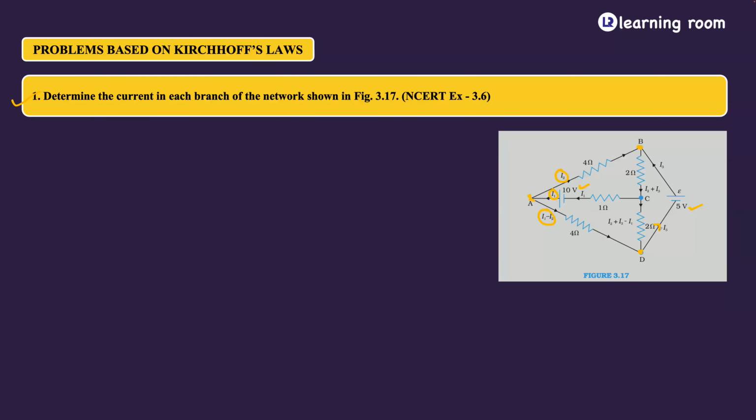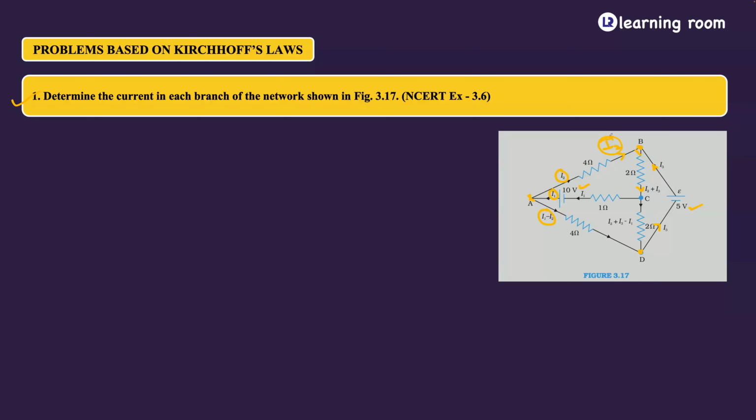At point B, there is a current I2 going towards it. They didn't actually split it. This I3 they took as continuously flowing in this particular path, and I3 is getting combined with I2 to flow through this branch.